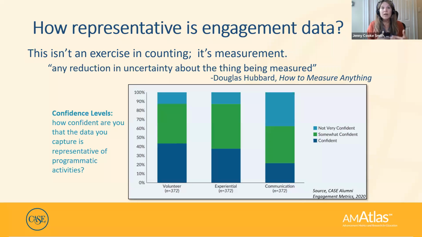What I'm sharing with you is aggregate responses. When we look at something like communication, only about 20% of respondents indicated that they had confidence in their communication numbers. And that actually helps us decide, yep, we're just going to keep this as optional in the short version.